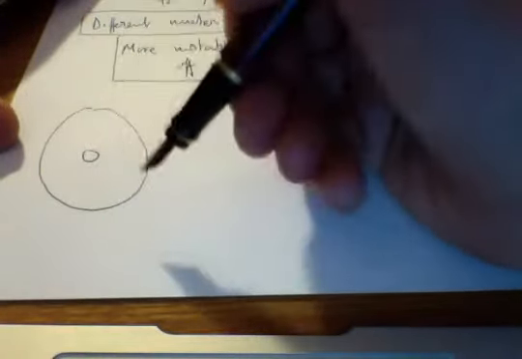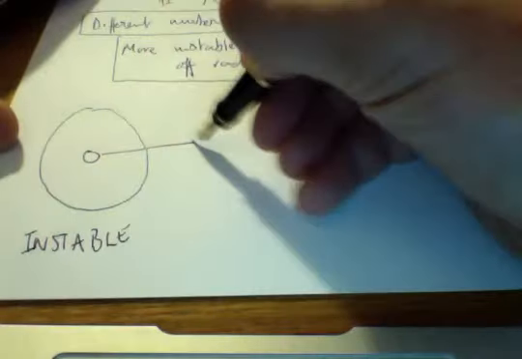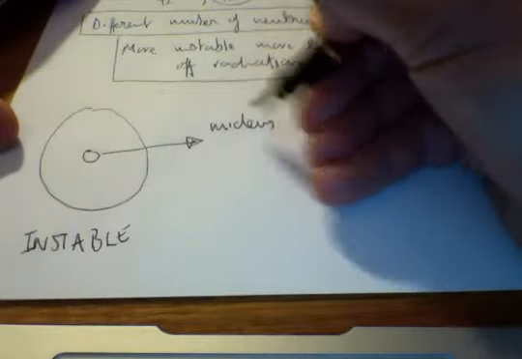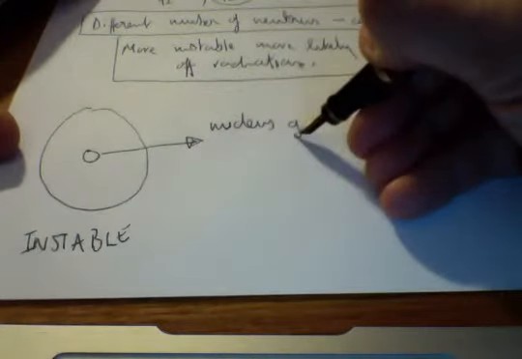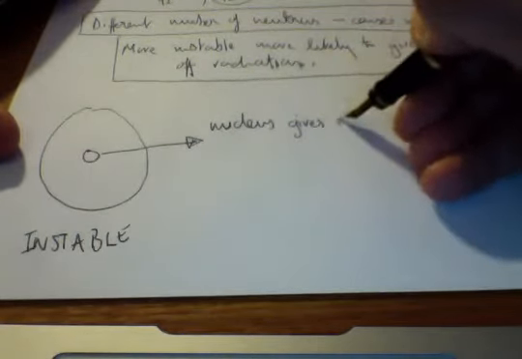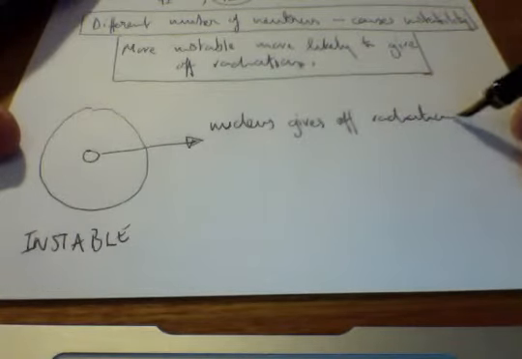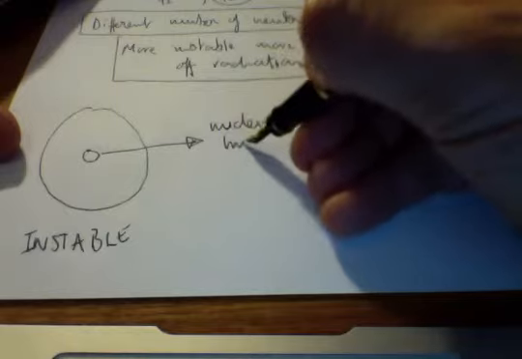Now, where does it give off radiation? Well, if this is our tiny nucleus, and these are our electrons floating on the outside, if it's unstable, then the nucleus gives off the radiation to try and be more stable.